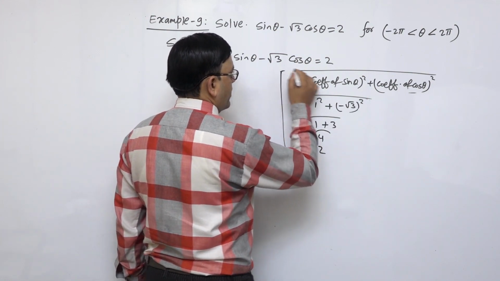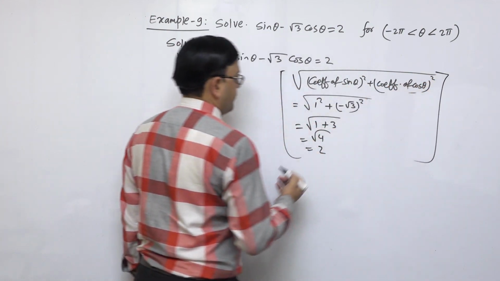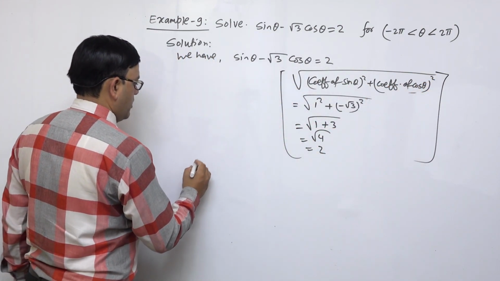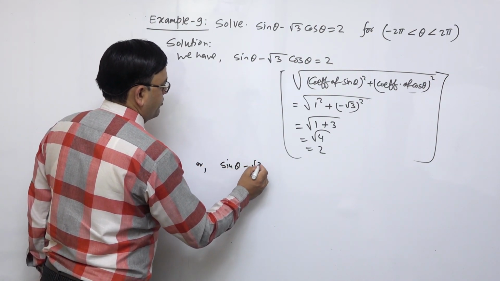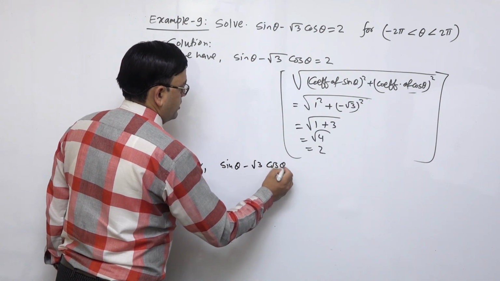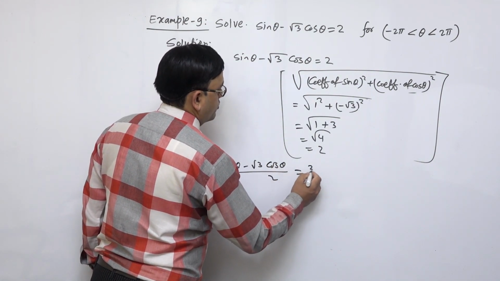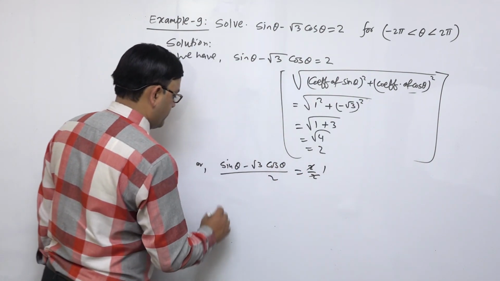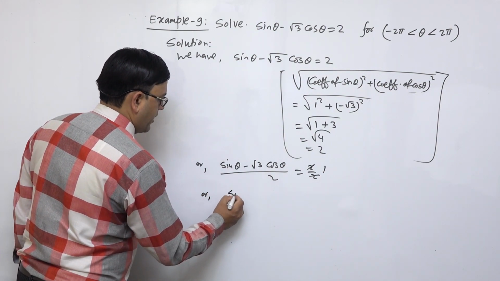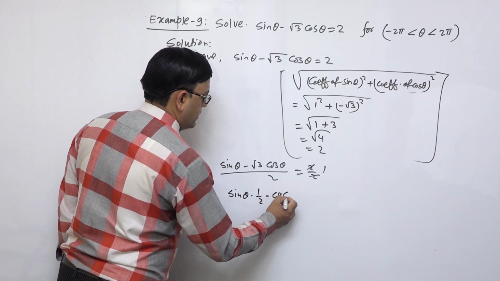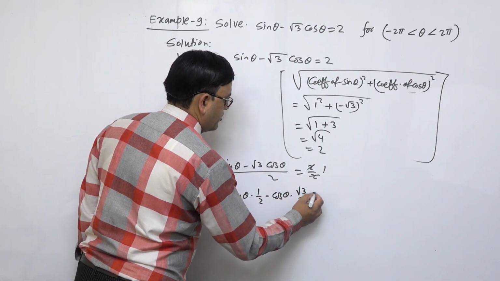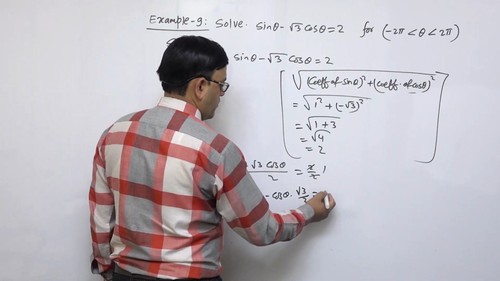So dividing both sides by 2, we have sine theta minus root 3 cos theta by 2 is equal to 2 by 2, and this is 1. Or we can write sine theta times 1 by 2 minus cos theta times root 3 by 2 is equal to 1.